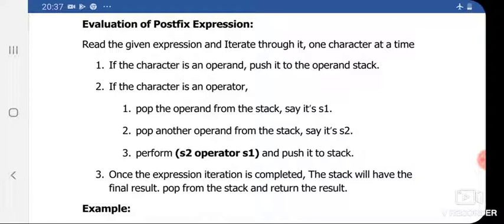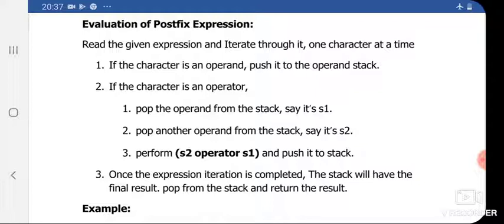That is, we first accept the postfix expression as a string and we scan this postfix string character by character from left to right. If the character is an operand, we push it onto the stack.